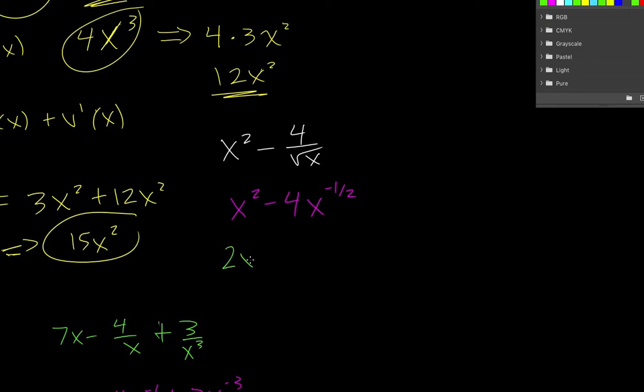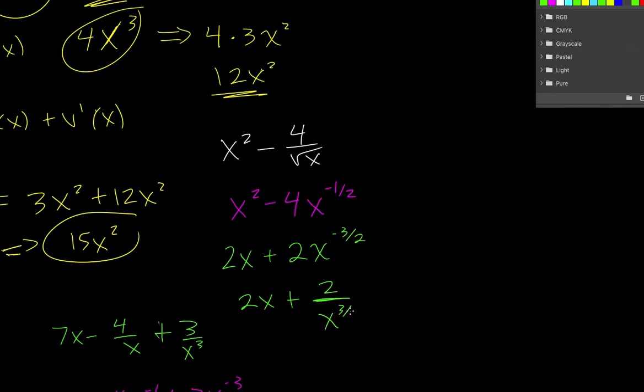So we bring the 2 down, reduce this by 1, bring the -1/2 down. So it's going to be positive 2, because half of 4 is 2. Then we get x, and then if we reduce this by 1, we get -3/2.